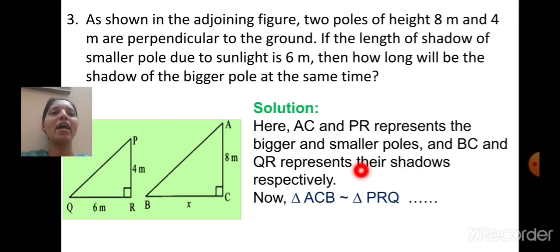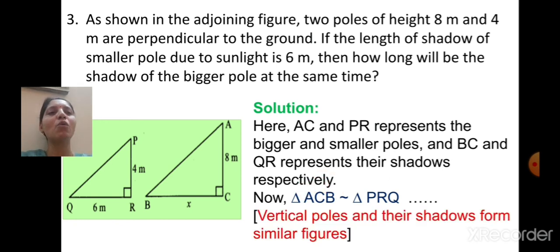Here AC and PR represents bigger and smaller pole. BC and QR represents their shadow respectively. Now you are getting here two triangles, triangle ACB and triangle PRQ, and these two triangles are similar as vertical poles and their shadows form similar figures.